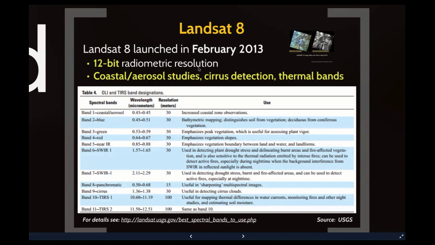Landsat 8 has a 12-bit radiometric resolution, and as you folks studied, there are some additional bands. Band 1 for coastal analysis, and a band 9 for cirrus detection. I will have one more slide to show you how the cirrus band looks. They now have two additional thermal bands, band 10 and band 11.